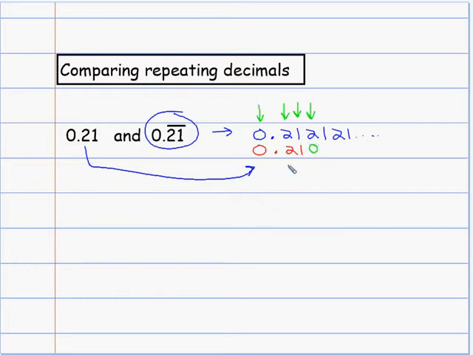And so then if you look at the two, the repeating decimal is actually larger than the 21 hundredths. And that's because you continue to have digits that repeat. So if you were asked this problem to compare them, the 21 hundredths would be less than the 2 and the 1 with the repeating bar.